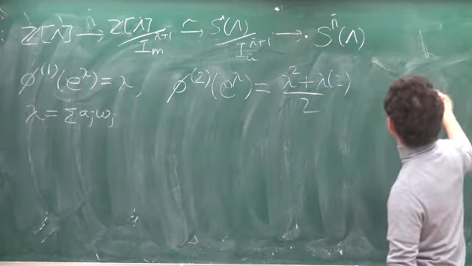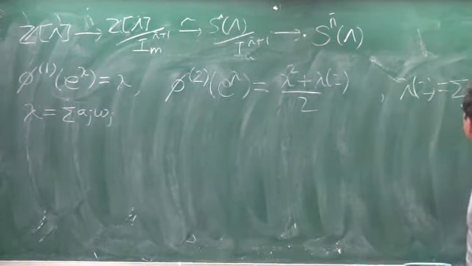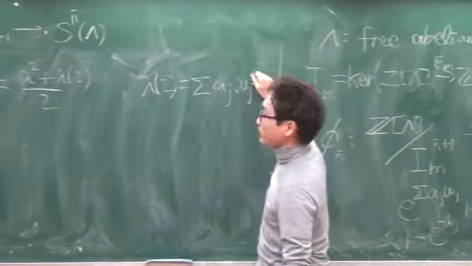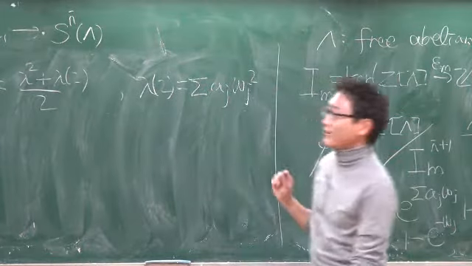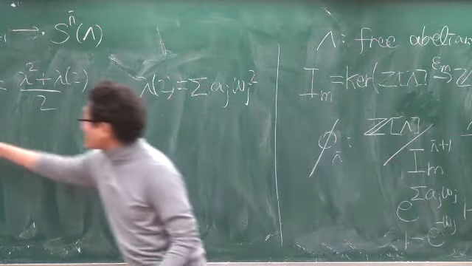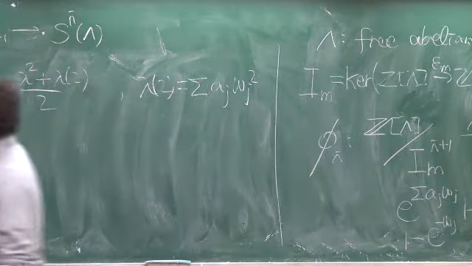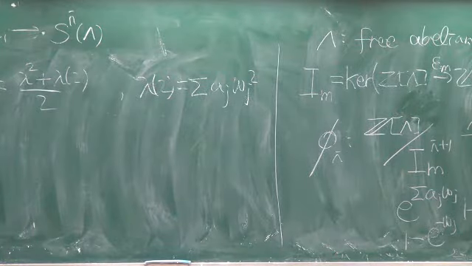Here lambda squared is just the square of this. And similarly, one can find the explicit map for this Pi.